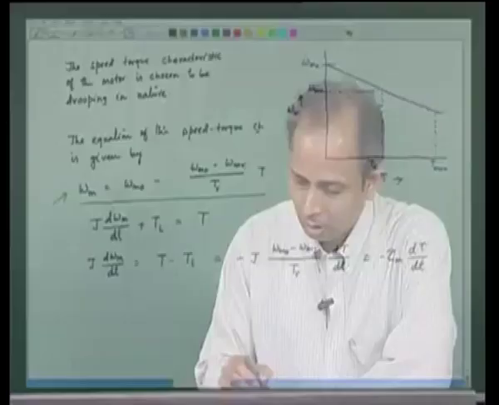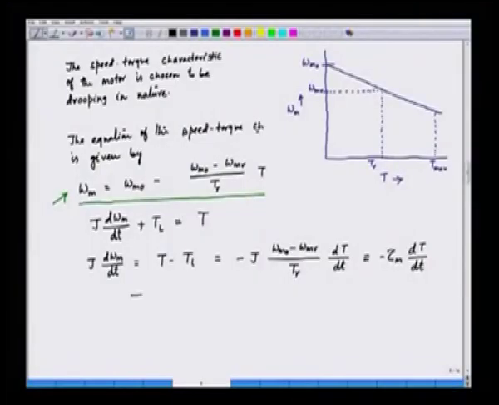The equation which we have got out of this is a first order linear differential equation whose solution is quite straightforward. So, we can write down the linear differential equation as follows, but before that, tau m is a constant, a time constant, defined as follows. Tau m is basically J omega m naught minus omega m r by T r.